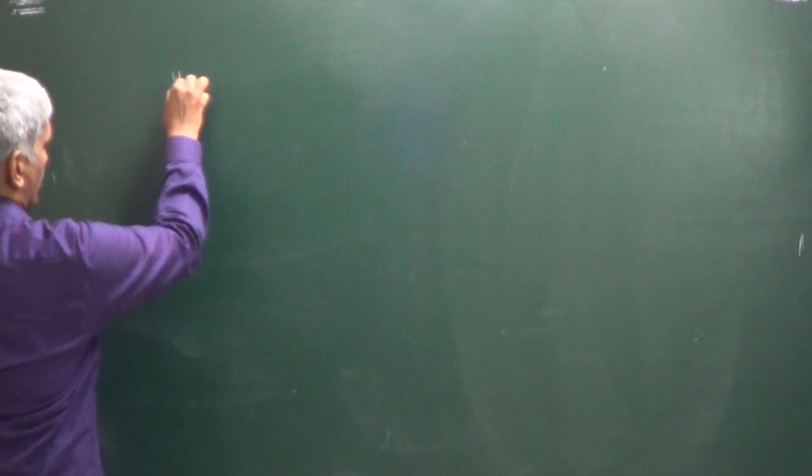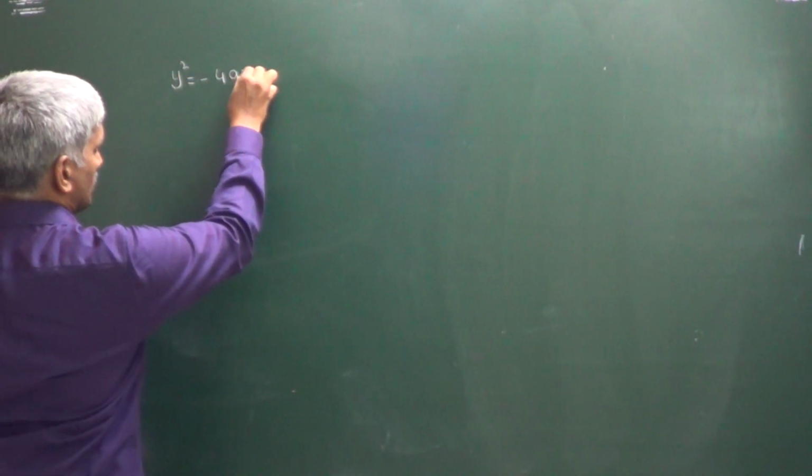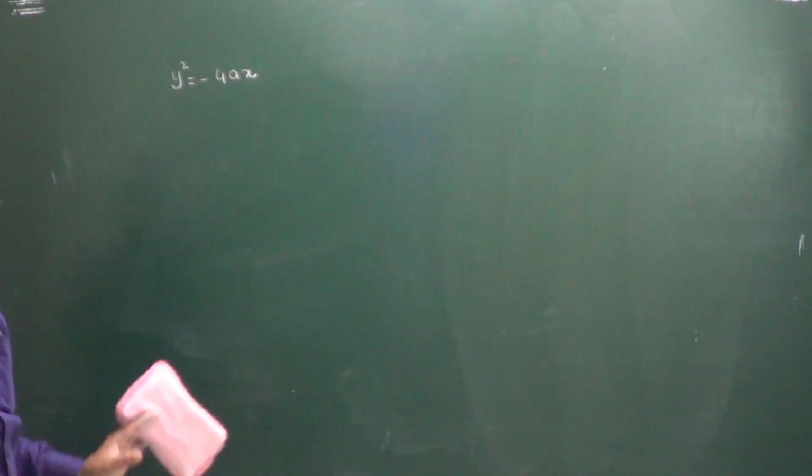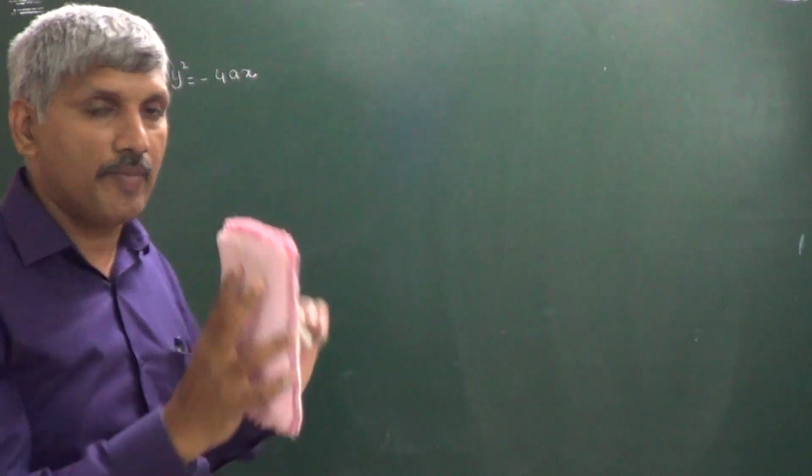The other form of the parabola is y square is equal to minus 4ax. I'll try to discuss all the four cases in a single figure. Pay attention here.